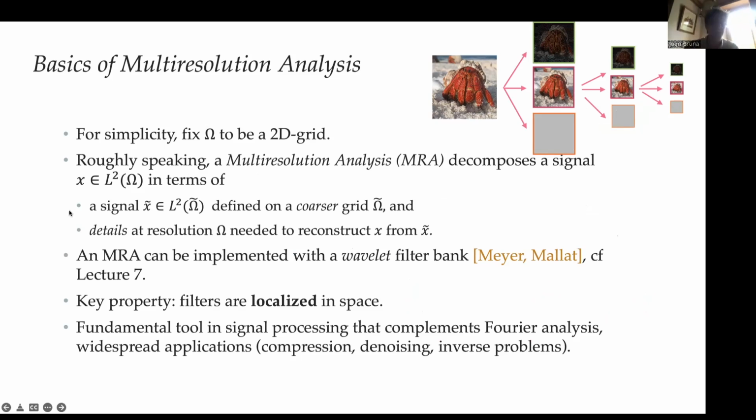This is something that we are going to discuss in a little bit more detail in lecture 7, when we talk about grids. But the key property that I want you to remember for now is that these filters, these wavelets, you can think about as little waves that are localized in space.